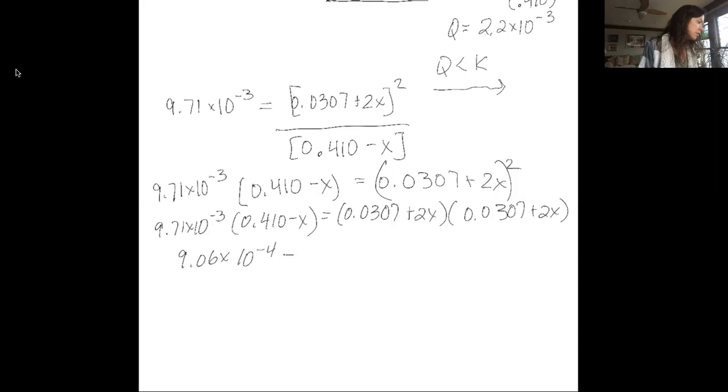Let me show you here. This is a FOIL system, right? You have to FOIL this.